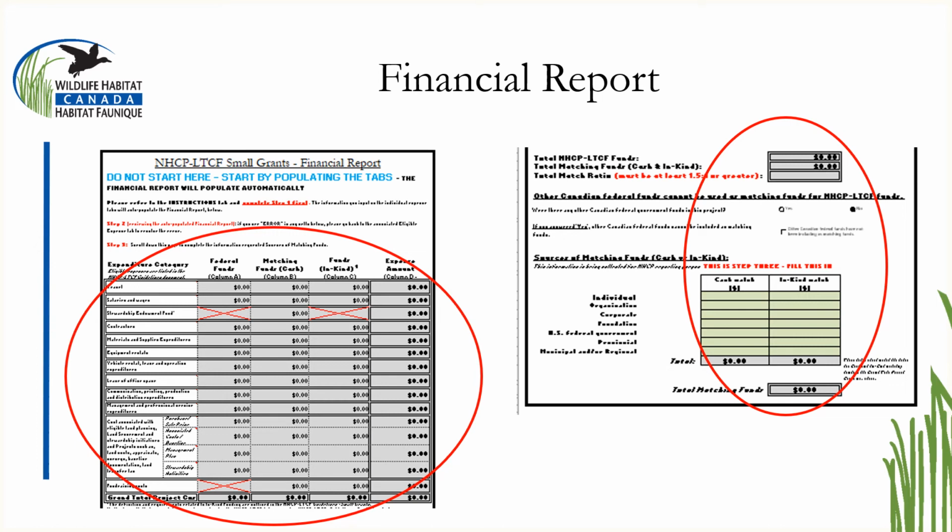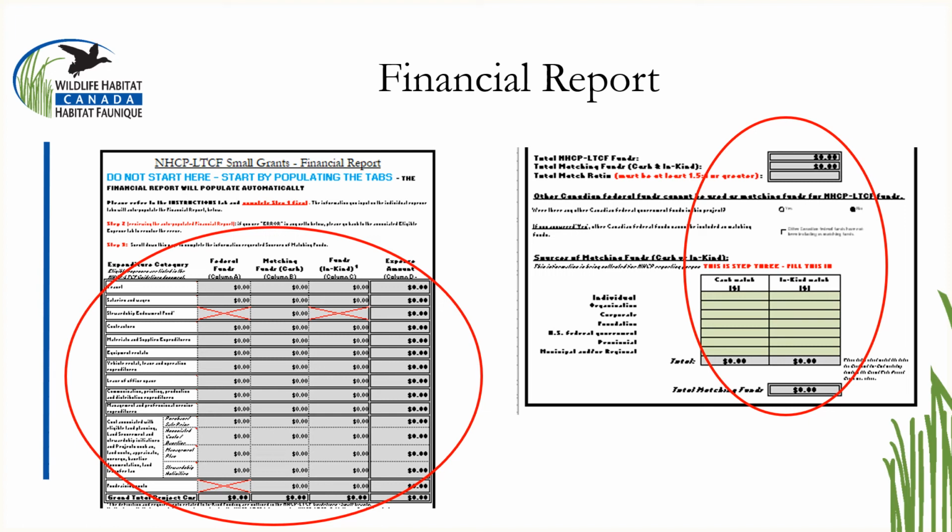Fair market value amount must reflect the fair market value provided in the appraisal. Maximum allowable amounts are not to be exceeded. A minimum of 1.5 to 1 match ratio must be demonstrated.